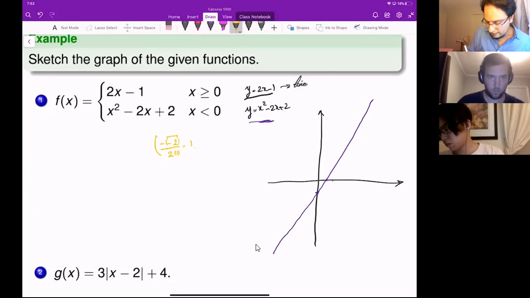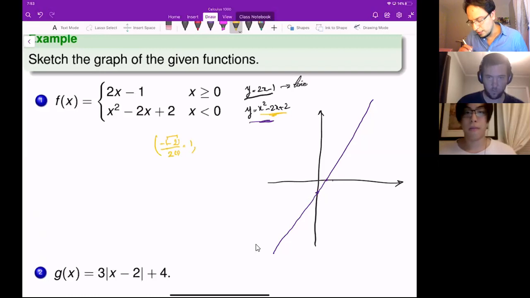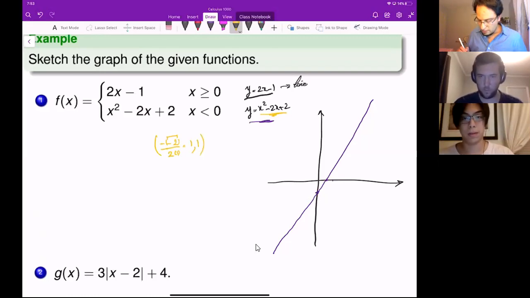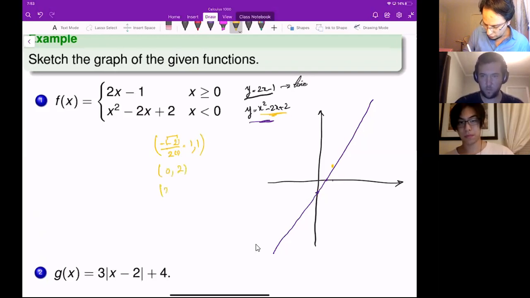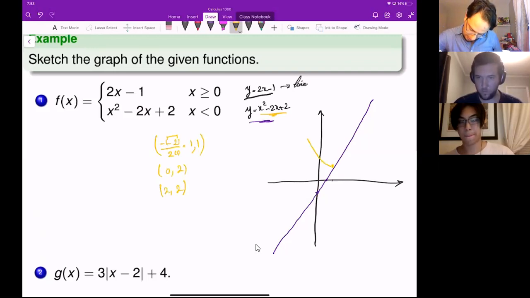When you find that, plug in 1 there: 1 squared minus 2 plus 2 is 1. So that tells me it has a point here. Then you add 2 more points, for example, at 0 and 2, where the value is 2, so those are 2 more points. Okay, so here is what you will get.